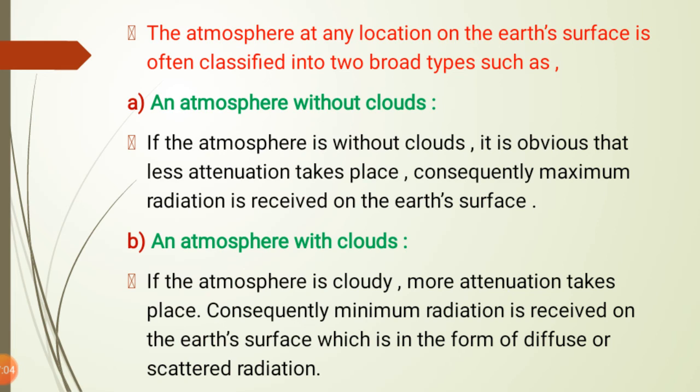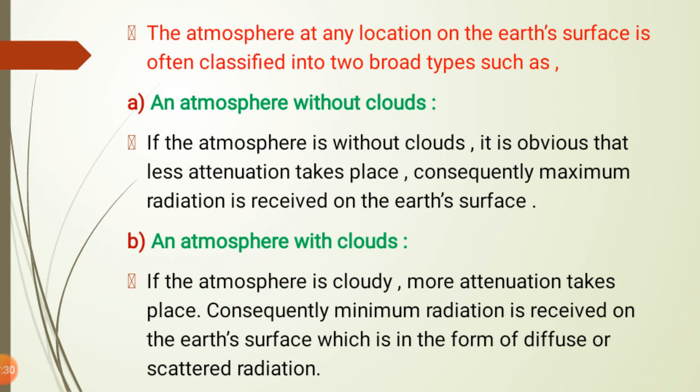So there are two types of the atmosphere, the atmosphere with clouds and the atmosphere without clouds. So the cloud affects the radiation intensity. That means when there is cloud in the atmosphere, there is less intensity, and when the atmosphere is without cloud, there is more intensity.